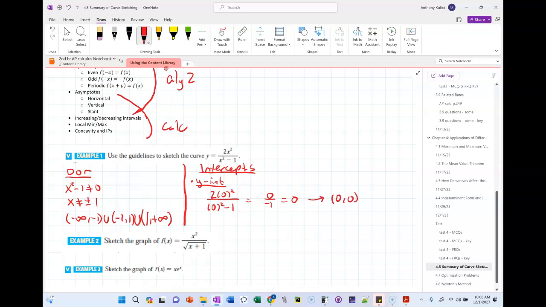So there we have 0, 0 is a y-intercept. What do you also notice about this? It's an x-intercept also. How do you know it's an x-intercept also? Because the y-coordinate is 0, right? X-intercepts the y is 0, y-intercept the x is 0, right?